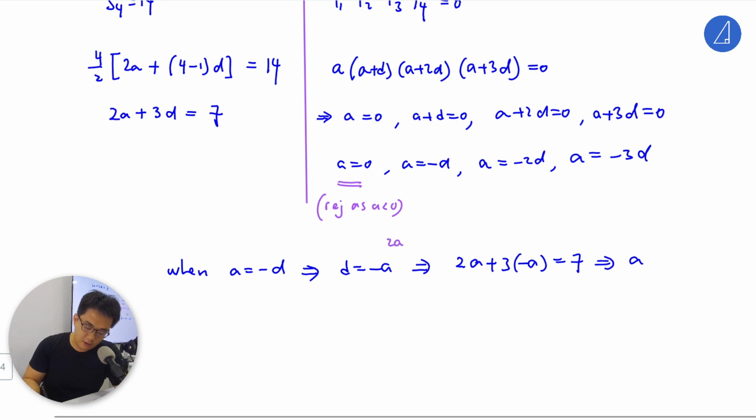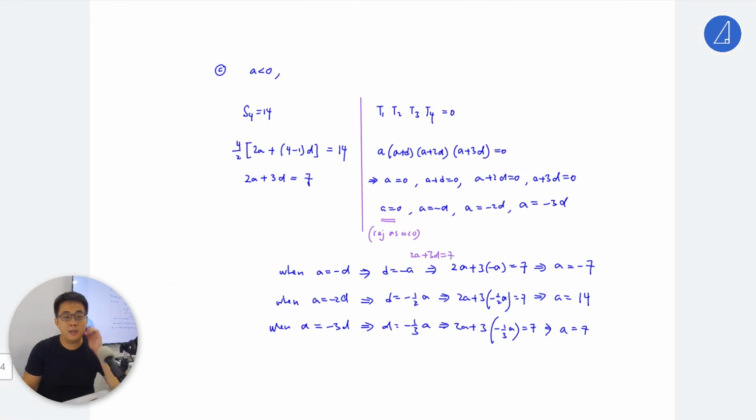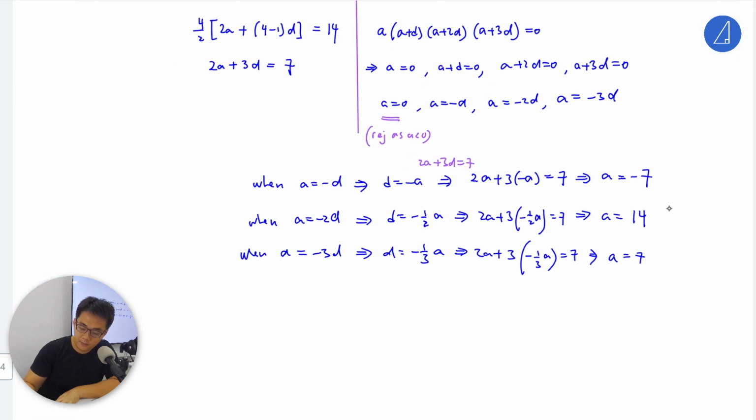Essentially, I just find the value of A and check which one is negative. This both will yield positive, so reject, as A is positive. We're told that A is negative.